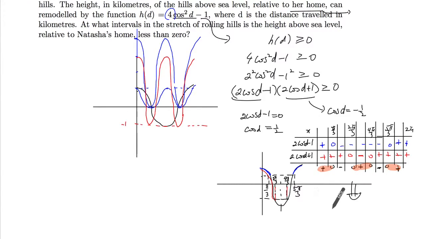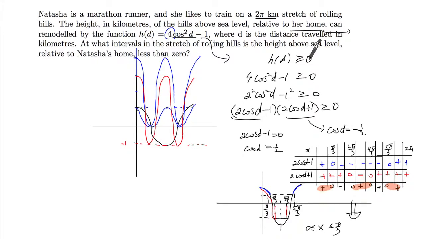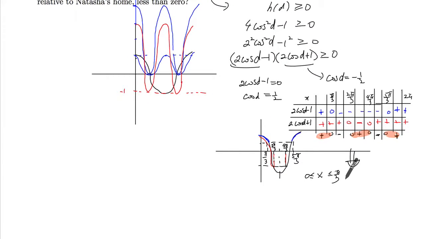So what's the conclusion? When x is greater than or equal to 0 but less than or equal to pi over 3, the whole expression h of d is going to be positive. And when x is between 2 pi over 3 and 4 pi over 3, it's also positive or equal to 0, so it's above sea level.